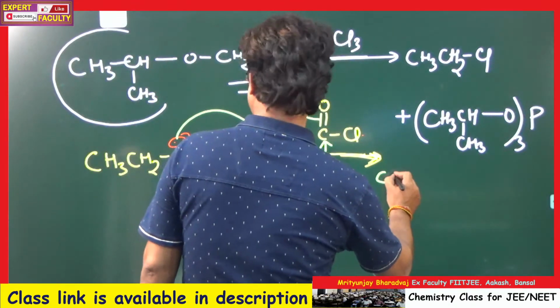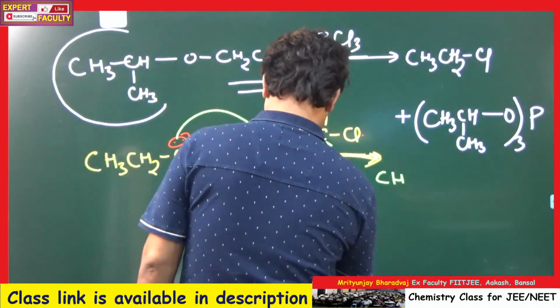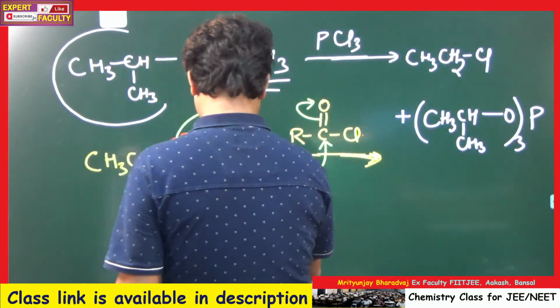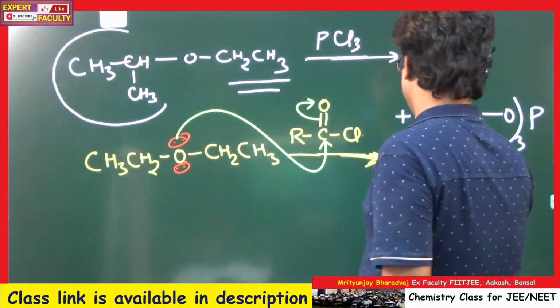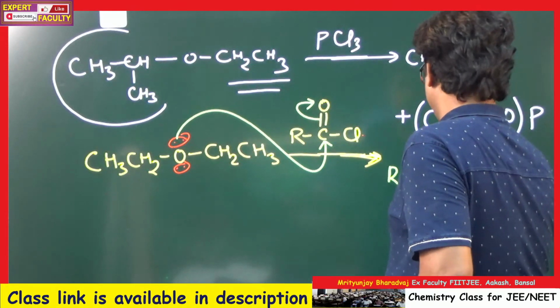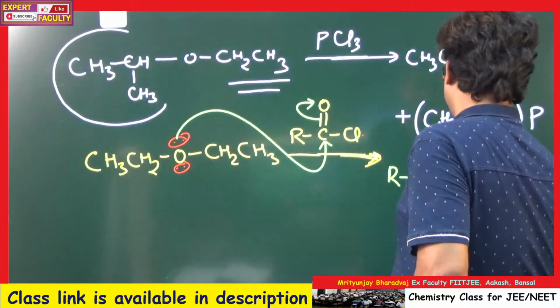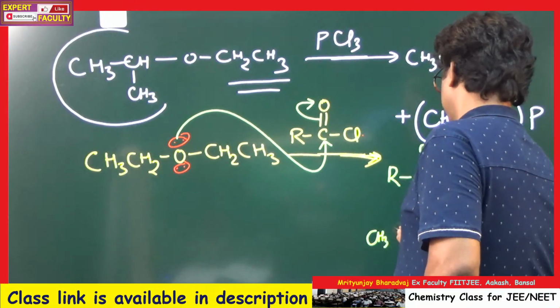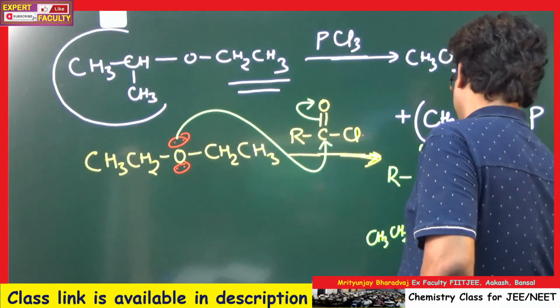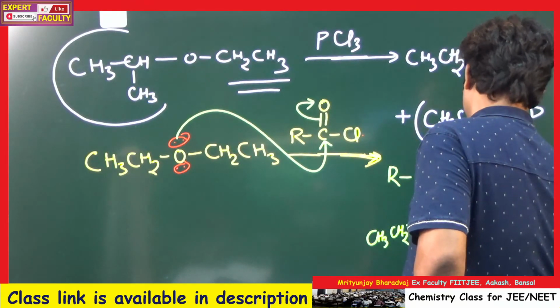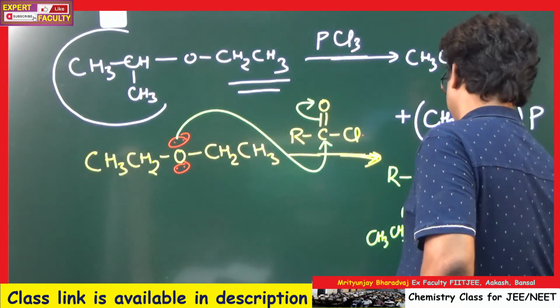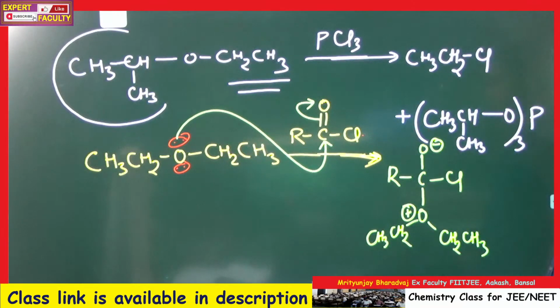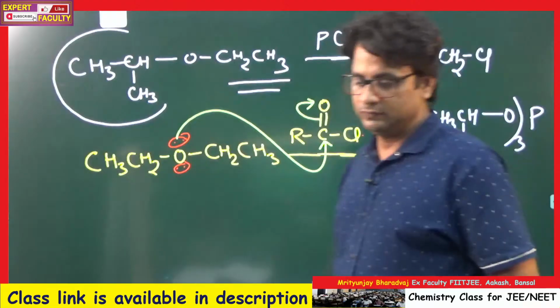Then we have RC-O minus, Cl, and O-plus with CH3CH2, CH2CH3. Now what will happen?